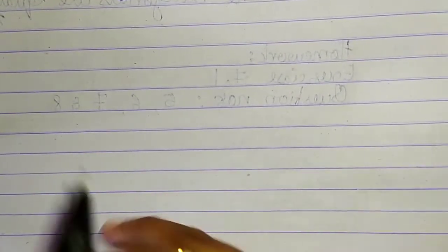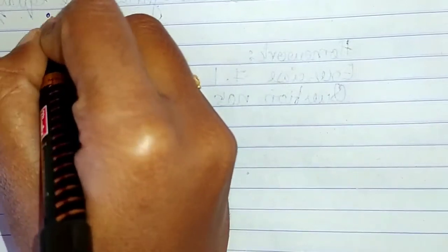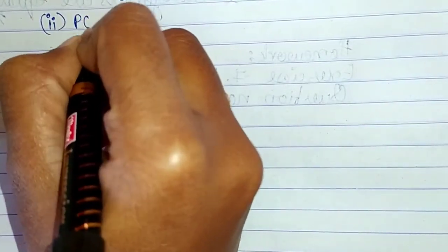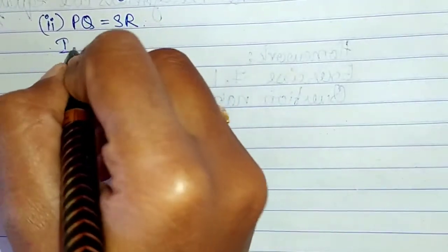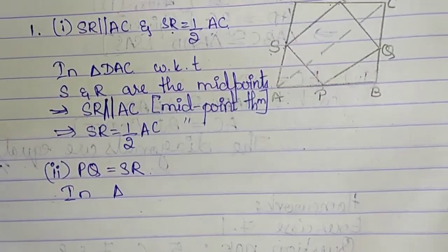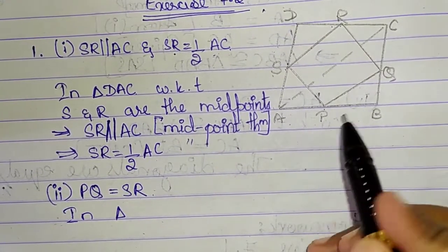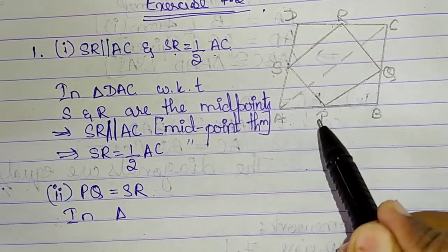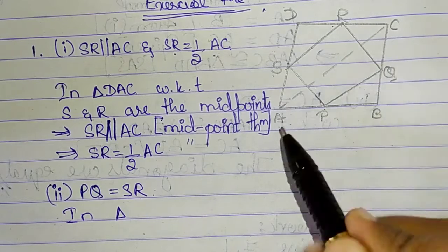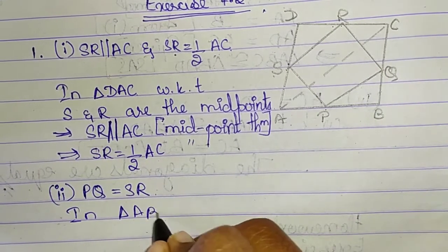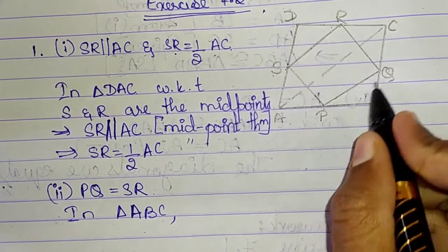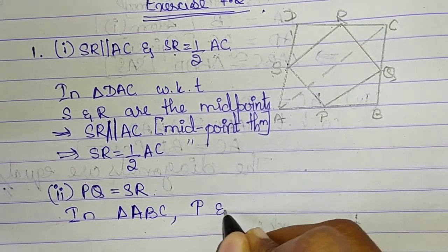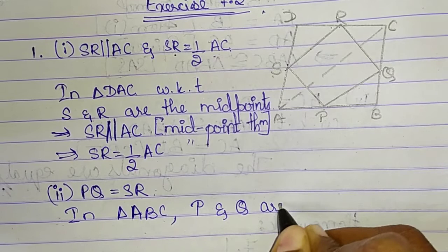Moving on to the second sub question, they have asked us to prove PQ is equal to SR. So in triangle ABC, P and Q are the midpoints.